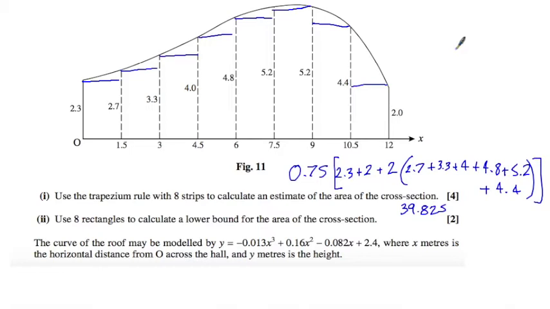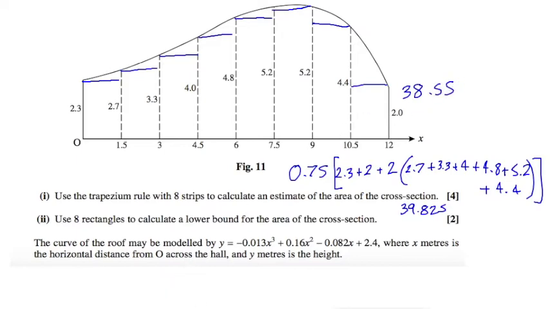So each one's going to be 1.5 times its height, so that's going to be 2.3 plus 2.7 plus 3.3 plus 4 plus 4.8 plus 5.2 for that tallest one, plus 4.4 plus 2. So remember, it's always the lowest height. So if we add those all up, we get 38.55.